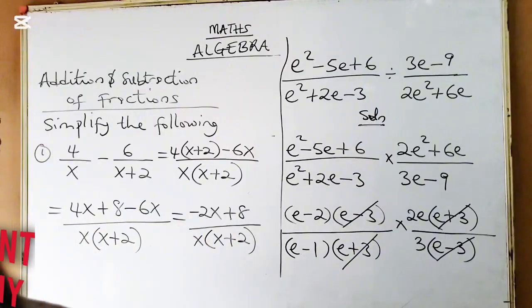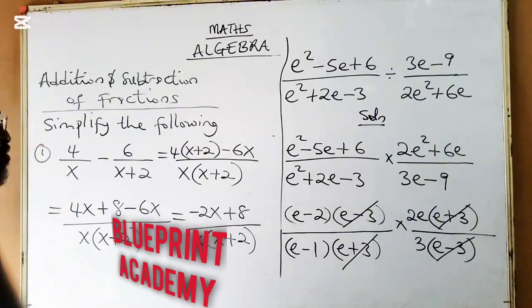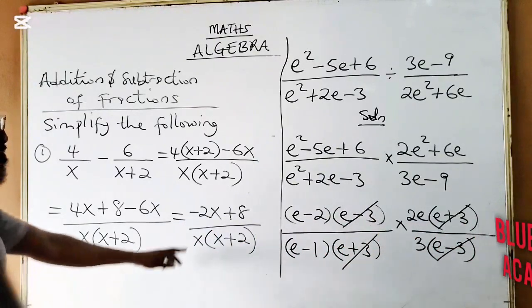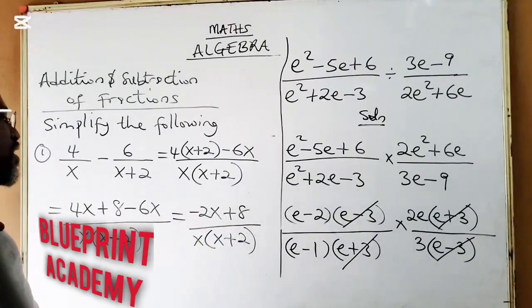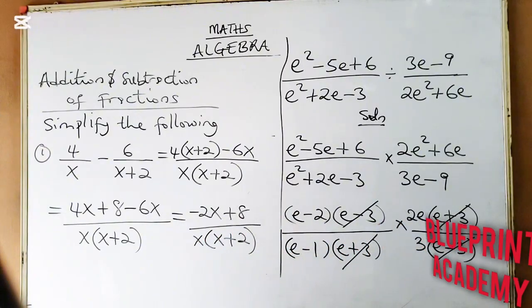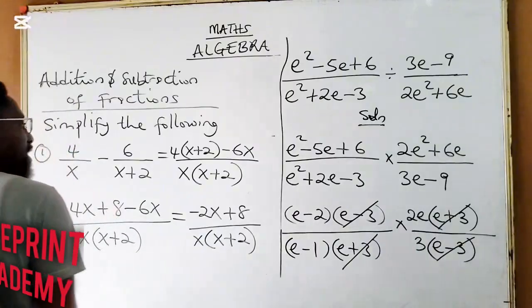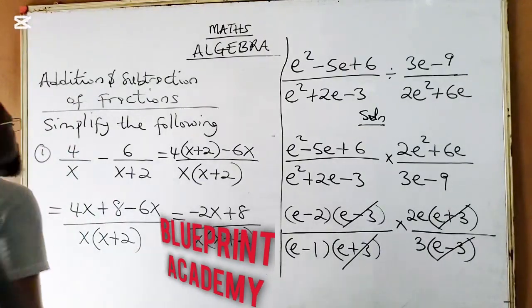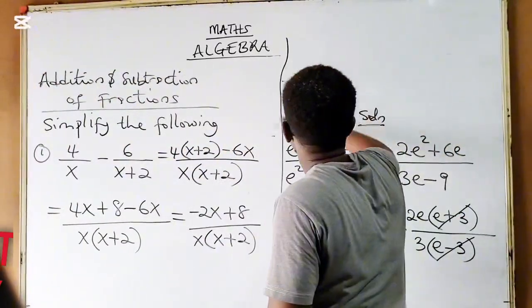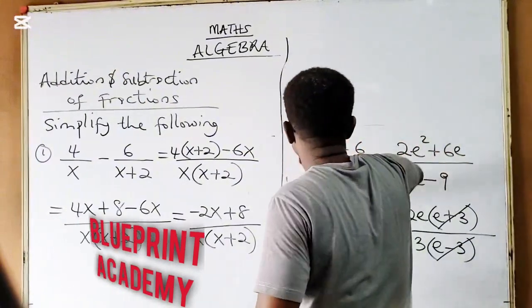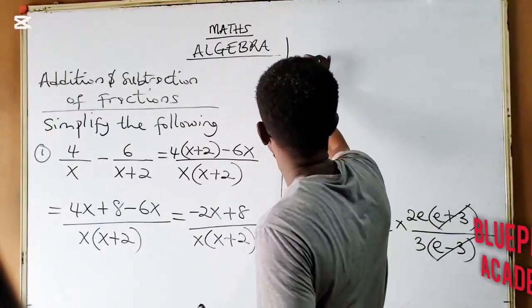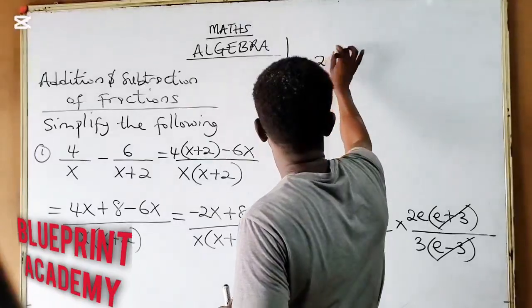factorize this one. If you want to factorize that, you bring out 2 as a common factor, or minus 2, so that you have minus 2 into x minus 4. You can still leave the answer like that. Depending on what you have, if you are writing an objective exam, if you want to factorize further, you bring out minus 2 as a common factor.